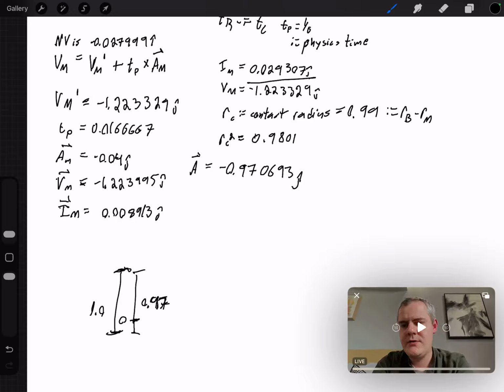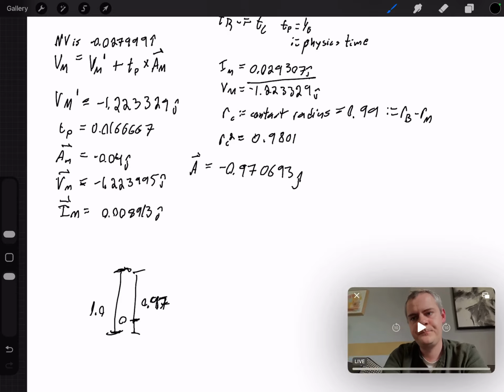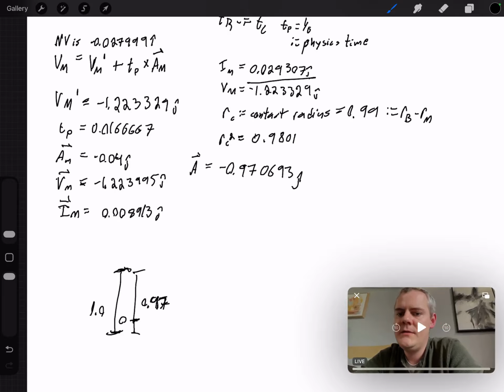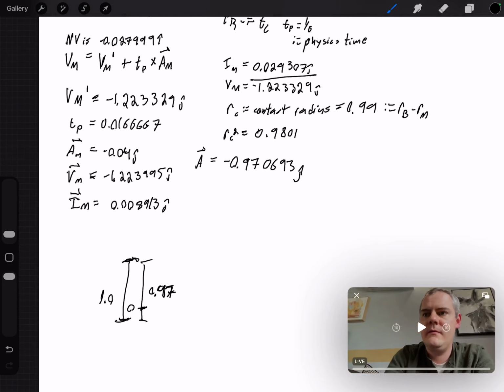The y position of the ball at the start of the frame relative to the center. And that is consistent with that IM number, which is the height of the ball off the ground. 2.9. Perfect.